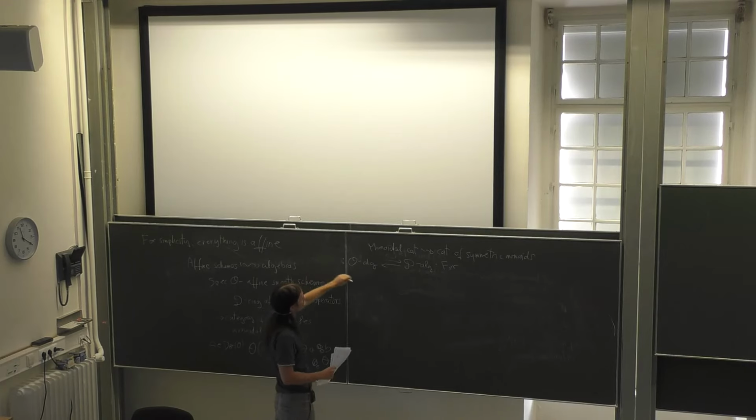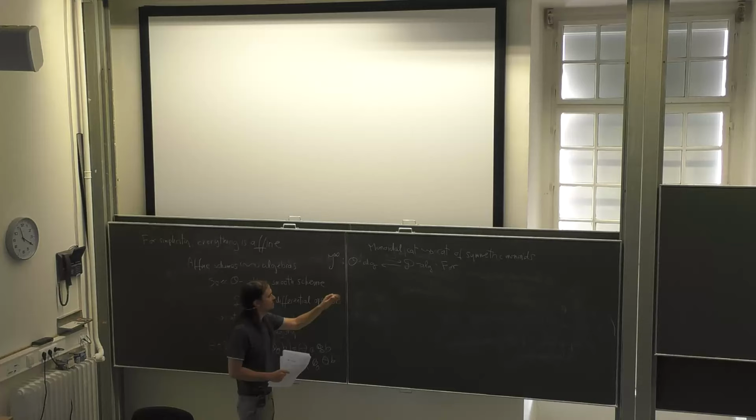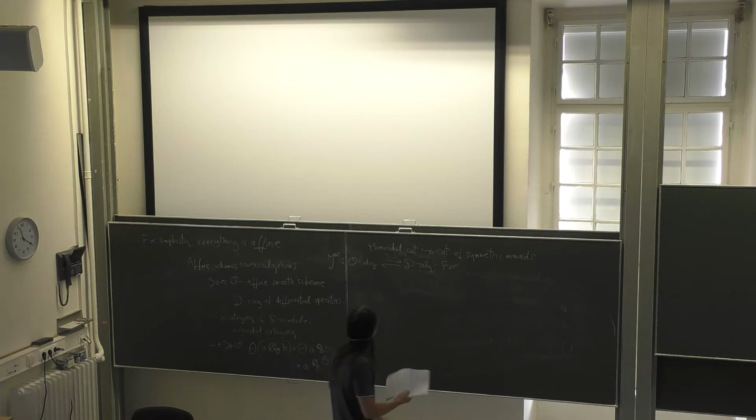And you define the jet functor as the left adjoint to the forgetful functor. It turns out to give quite a good description of jets. It seems simple, but it actually encodes a lot of things.